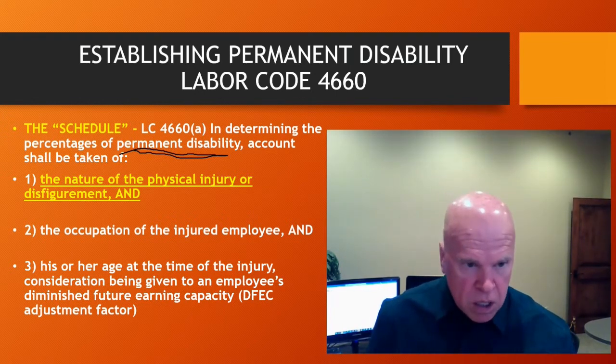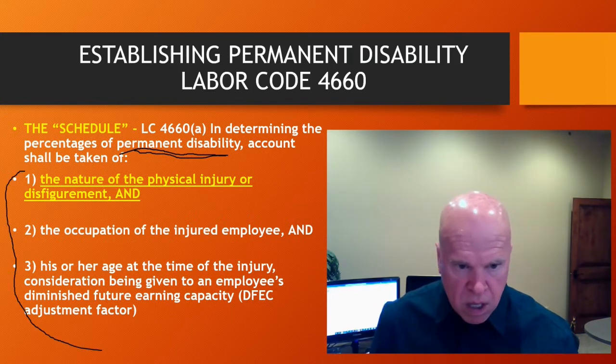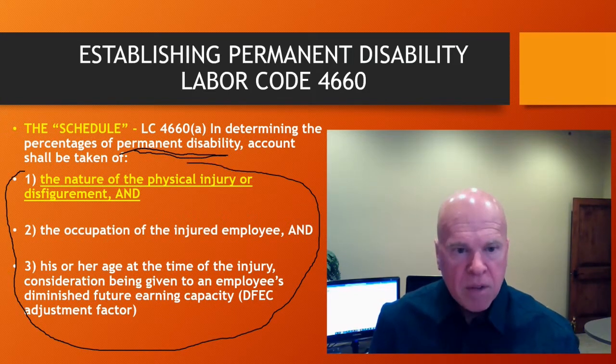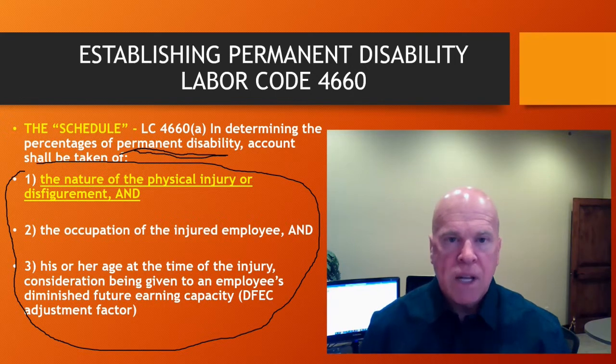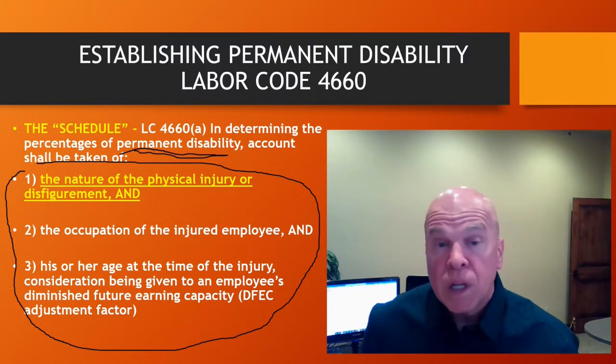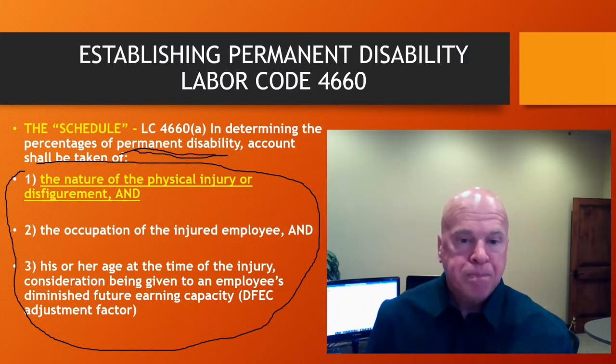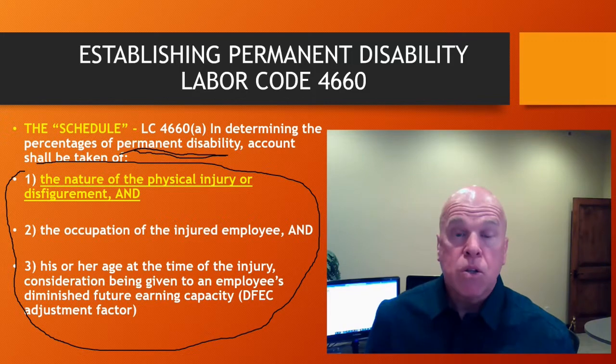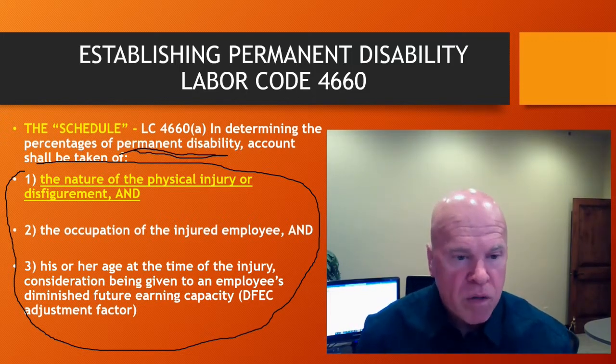Now, as we look at these three components that go into the calculation of the employee's permanent disability percentage, let's take a look at who shoulders the responsibility for each of these components. So component number one, the nature of the physical injury or disfigurement.